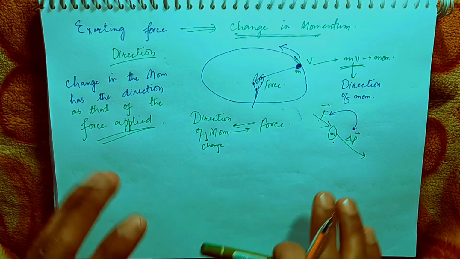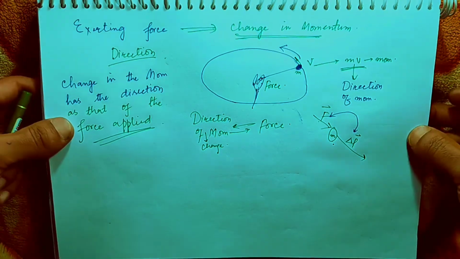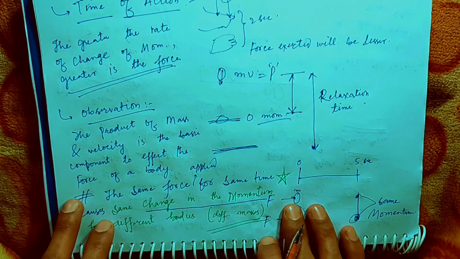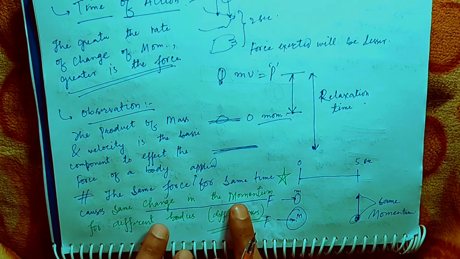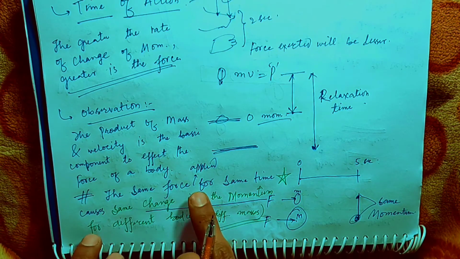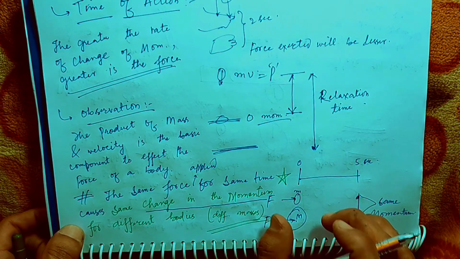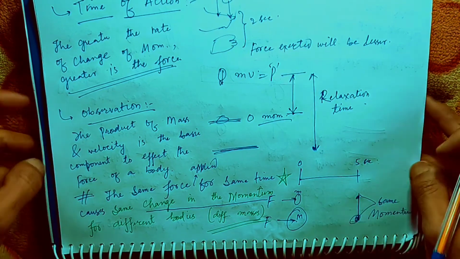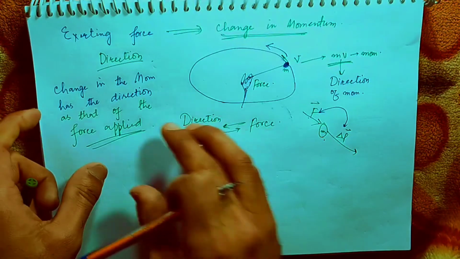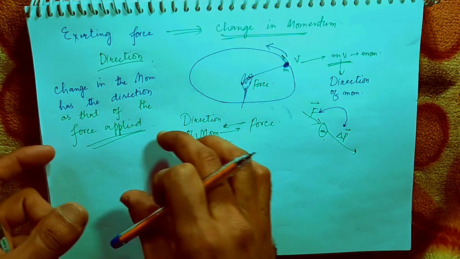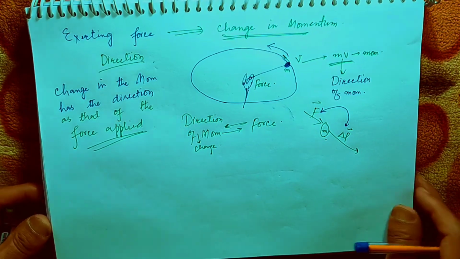Now, all of this previous stuff, like time of action and other observations: the change in the momentum of different bodies for the same interval of time is caused by the same amount of force. And another concept here, the direction of the momentum change is given by the applied force.